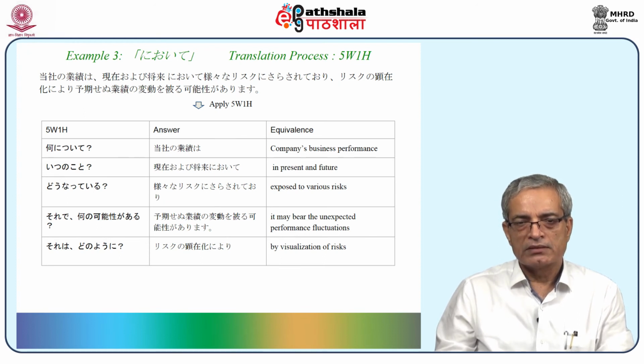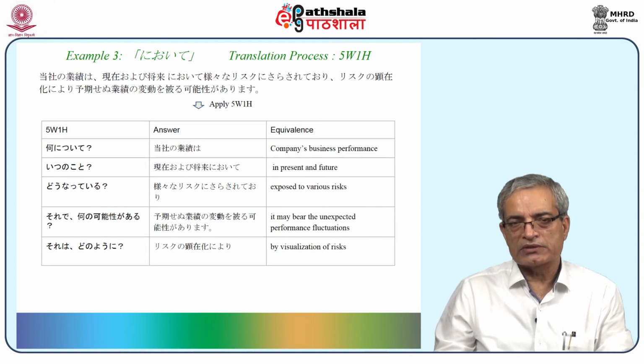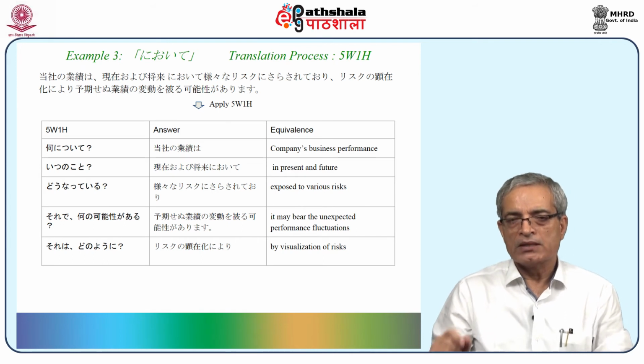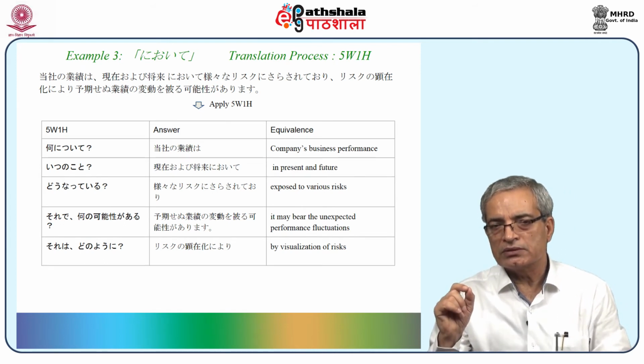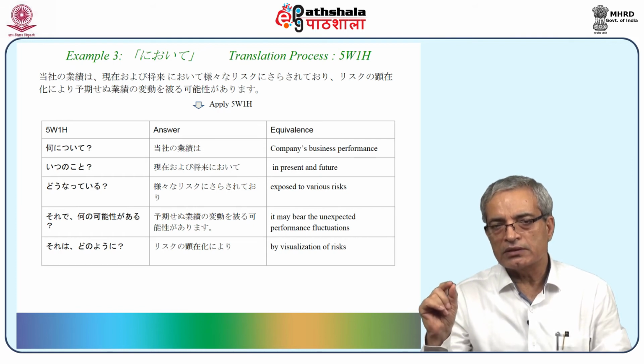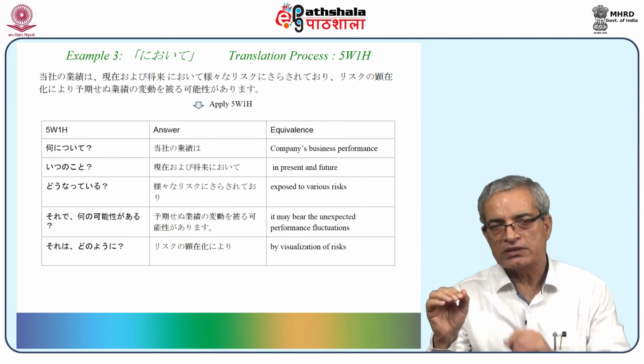Sorede nani no kanousei ga aru. Okay, Yoki senu gyoseki no hendo o kaburu kanousei ga arimasu. So there is a kanousei. Do natteru is that there is an exposure to the risk.